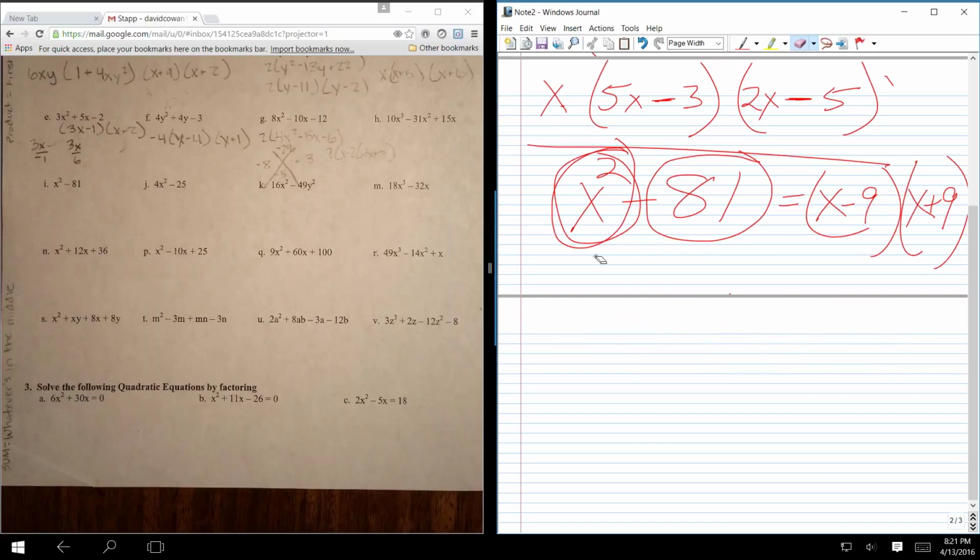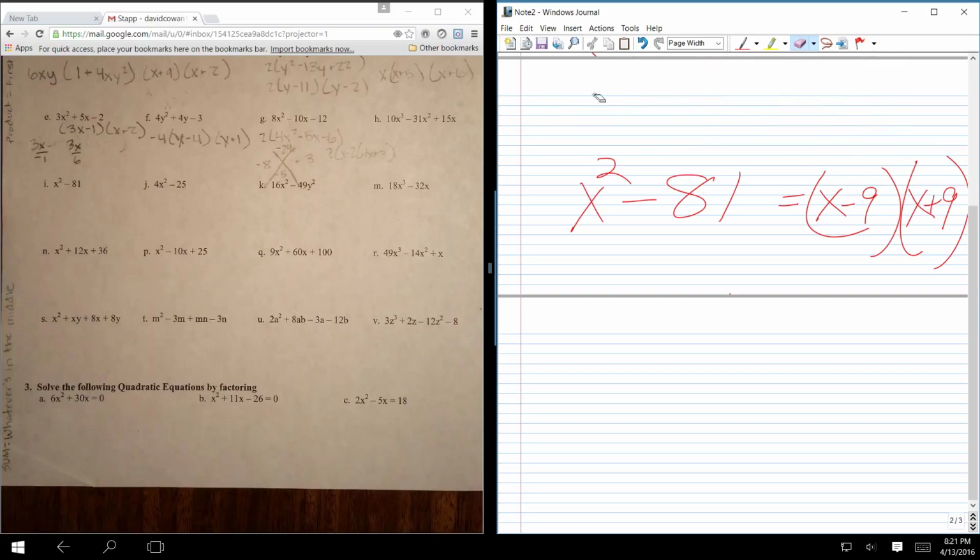Some people will tell me x plus 9 times x minus 9, which is just as correct, but it doesn't help when you go to memorize difference of perfect cubes or sum of perfect cubes. Whereas if you memorize it this way, it's going to help a lot in doing other problems.